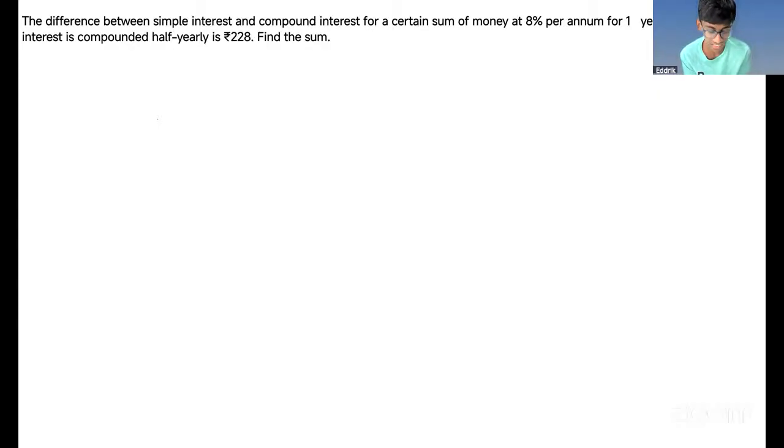Sir, I used the formula. It's called the difference formula. Okay, what is that? I used a different formula. The difference formula is P into R upon 100 to the power of NT. Just that, no 1 plus.